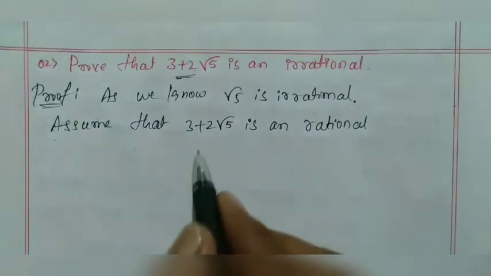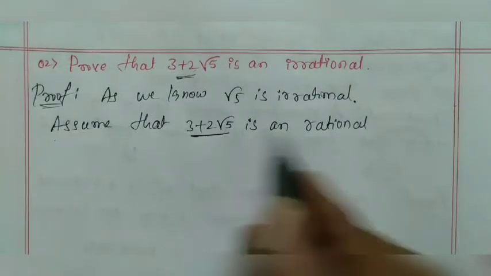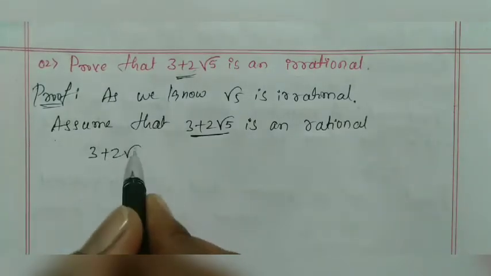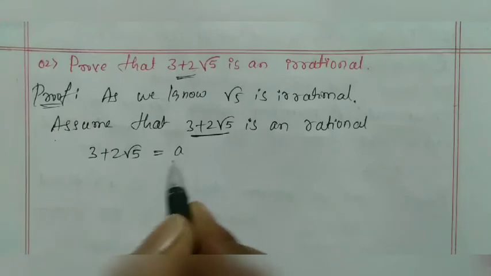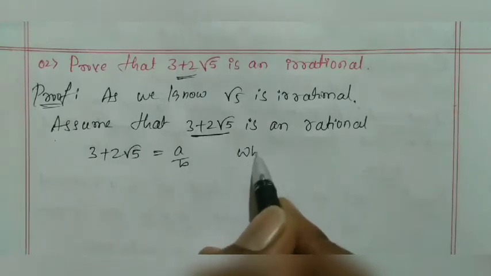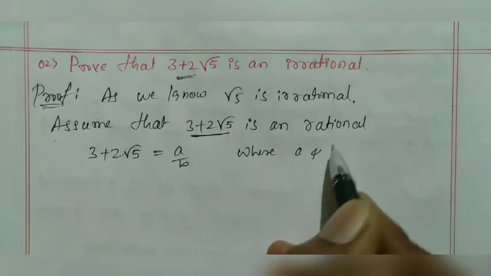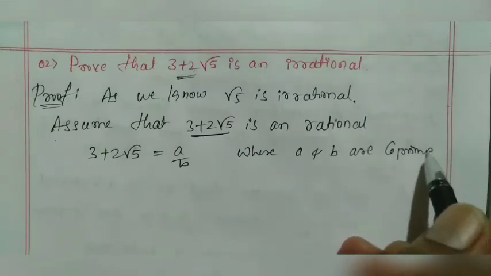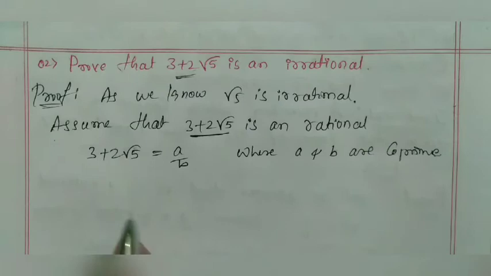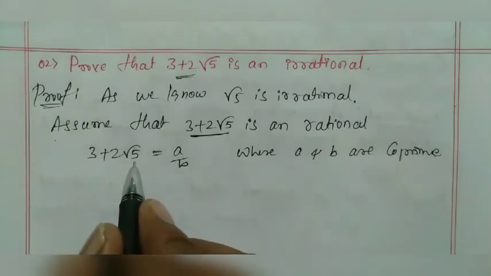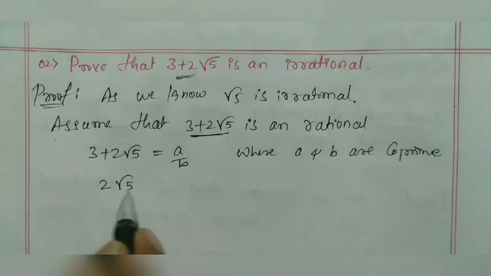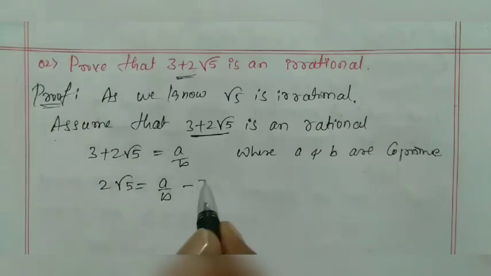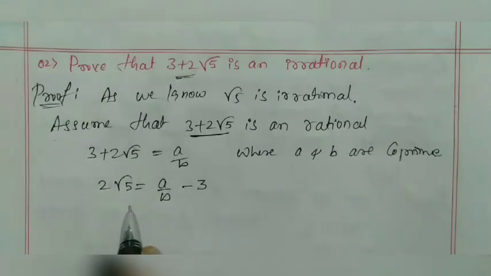If 3 plus 2 root 5 is rational, then it is in the form of a by b, where a and b are co-prime numbers. Next, write 2 root 5 as it is, a by b, and 3 you can bring to this side, then it becomes minus 3.